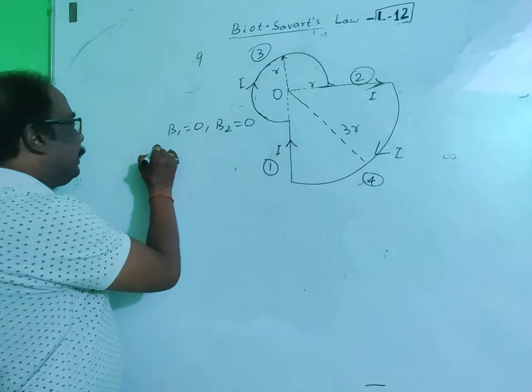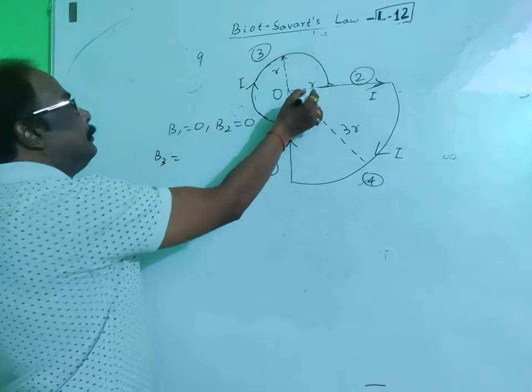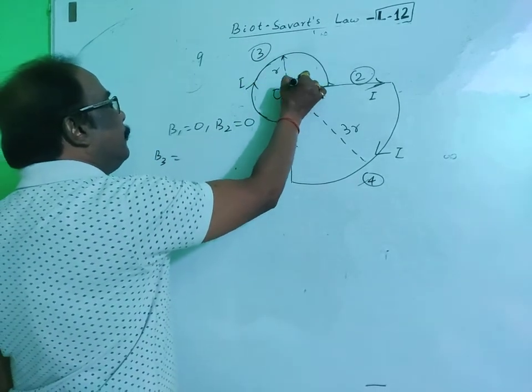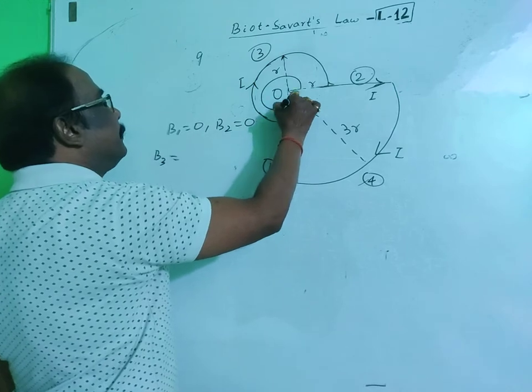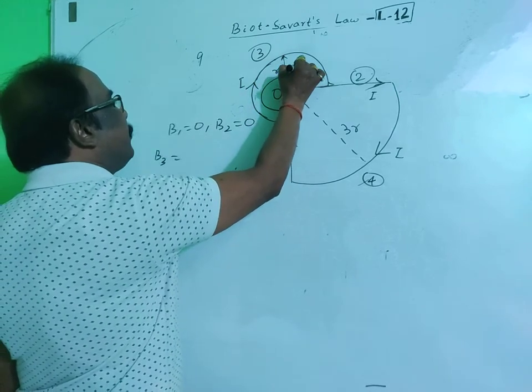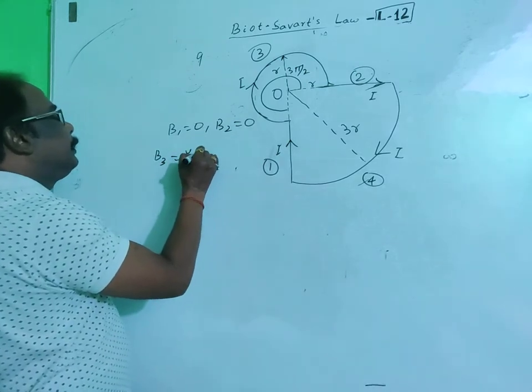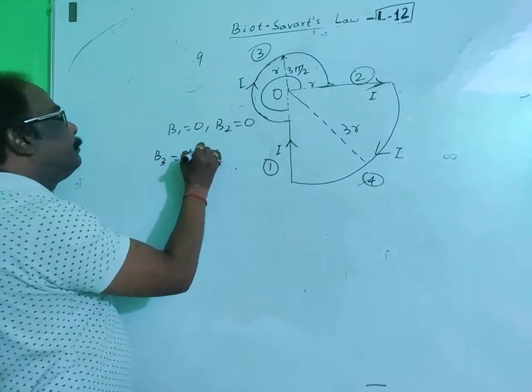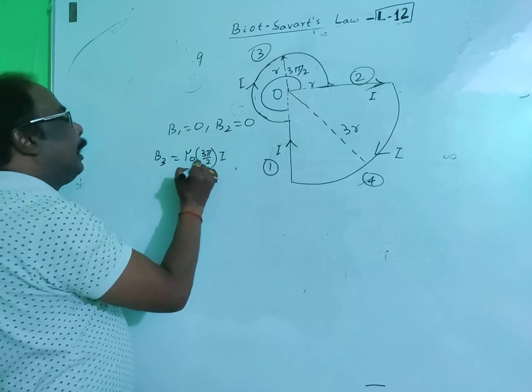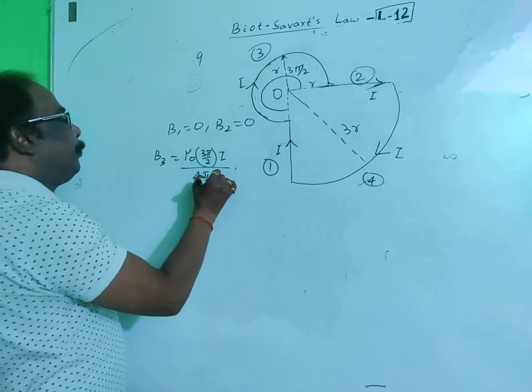Then magnetic field B3 due to this curved part, as we have discussed previously, this total angle is 3 pi by 2, means theta is 3 pi by 2, mu naught theta I divided by 4 pi r.